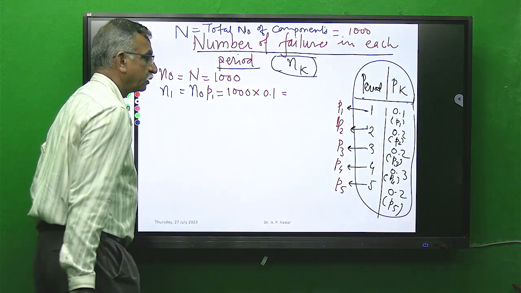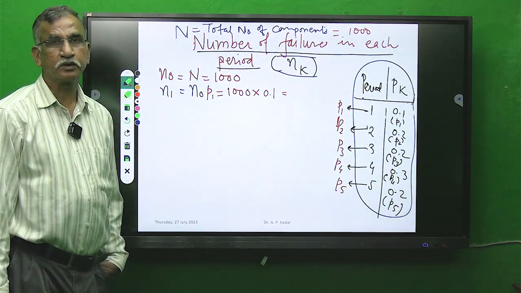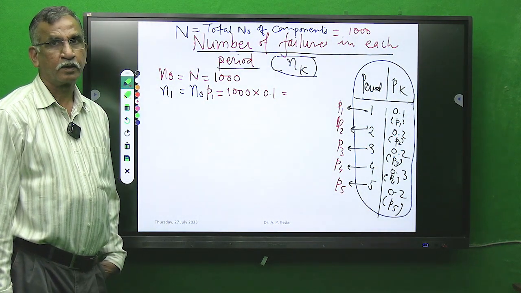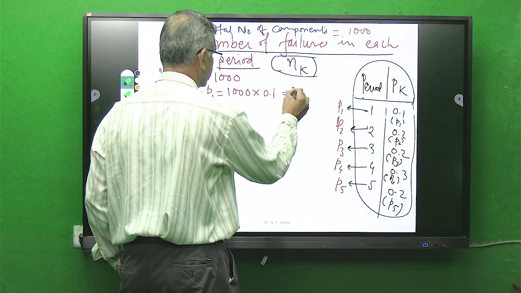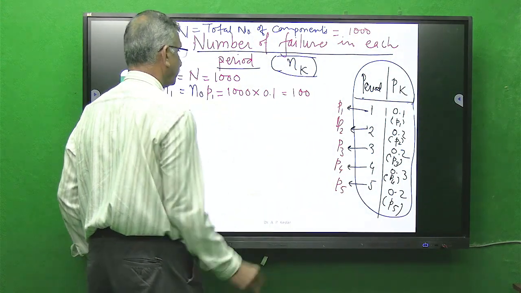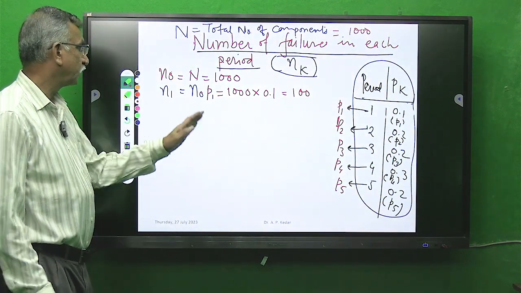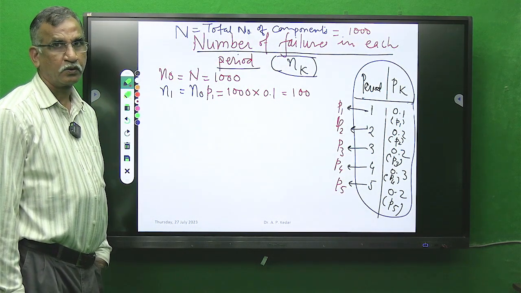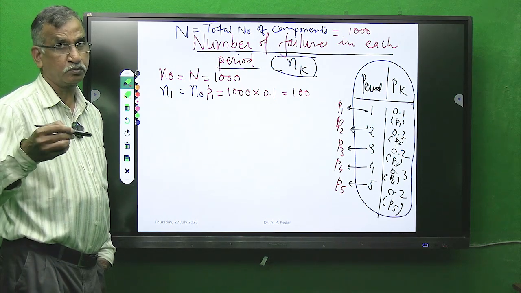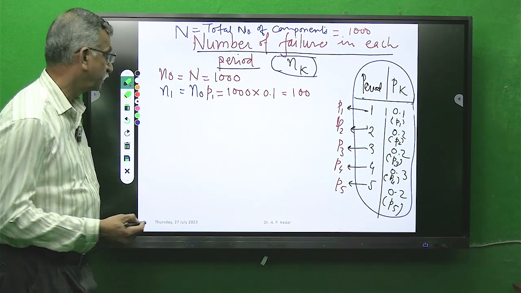What is that? It will be how much? 100 failures. 100 failures in the first period. This is how we have to proceed.